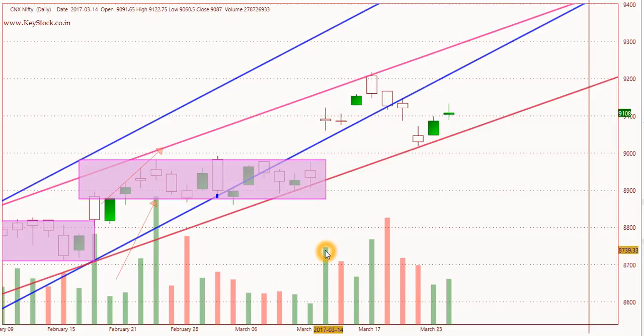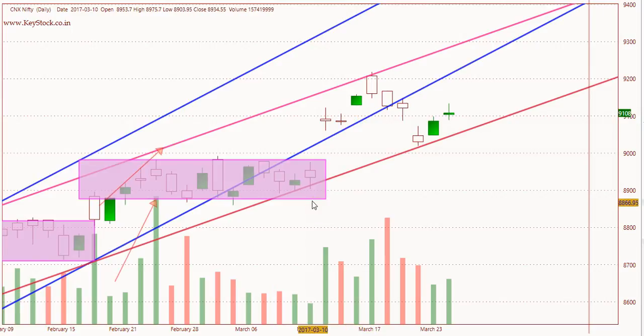As you can see here, this is a high volume and this is a narrow spread bar that closed almost at the middle. So by itself it is not a weakness. We need to look at the next bar.